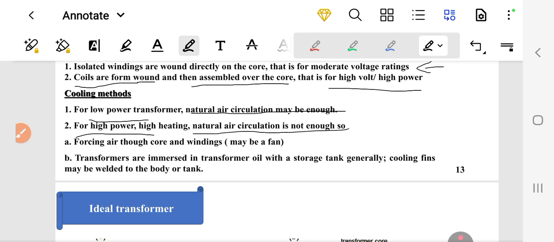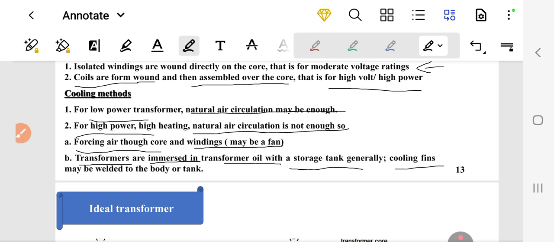We have two options or two ways. The first way is forcing air through the core and winding by using a fan, or the transformer can be immersed in transformer oil for cooling and for isolation, with a storage tank, generally with cooling fins.